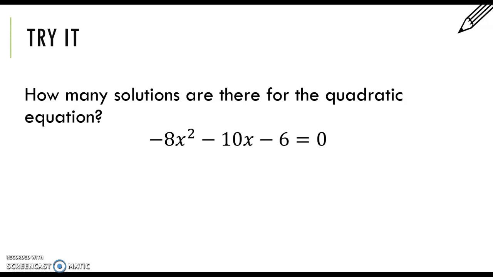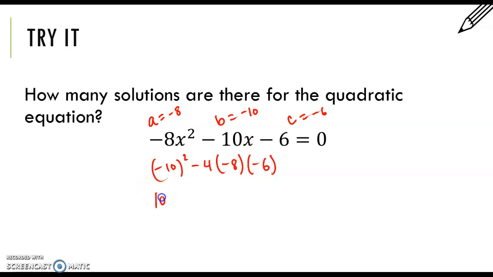So here's one more for you to try. I want to point out that your life can be easier for this problem if you divide everything by negative 1, but I'm going to go through it with the numbers as they are. So a is equal to negative 8, b is equal to negative 10, and c is equal to negative 6. So I'm going to do b squared minus 4 times a times c.